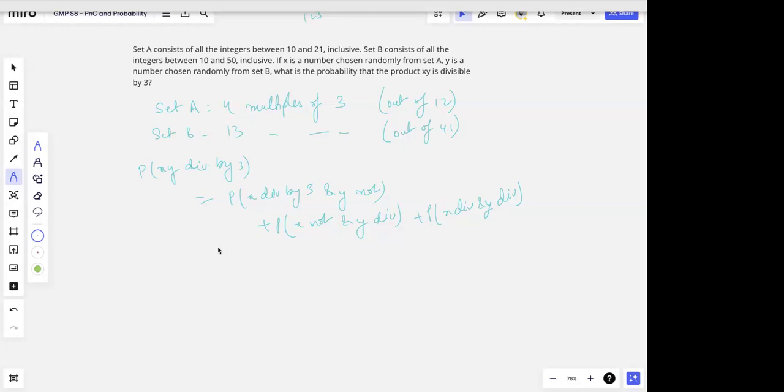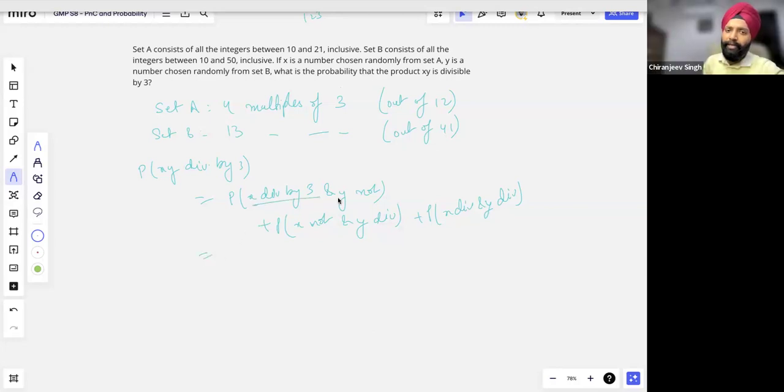And these are independent events, right? Whether x is divisible by 3 does not change whether y is divisible by 3 or not. So this becomes x divisible by 3 into y not divisible by 3, and similarly for the others.